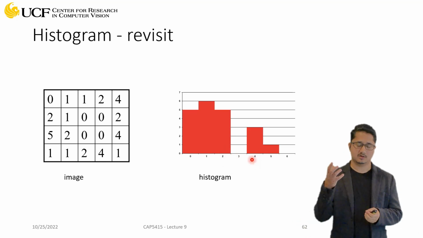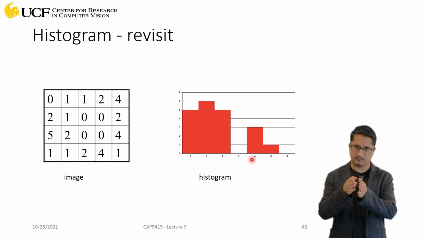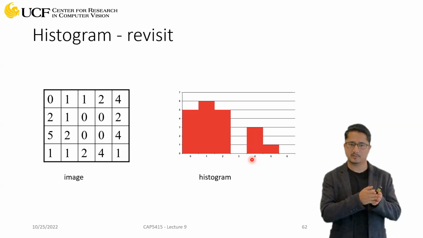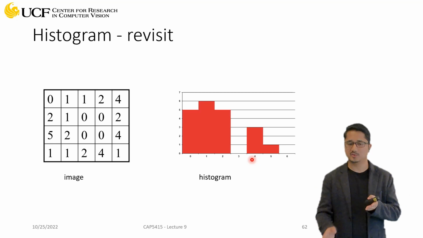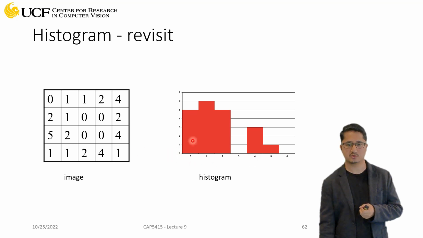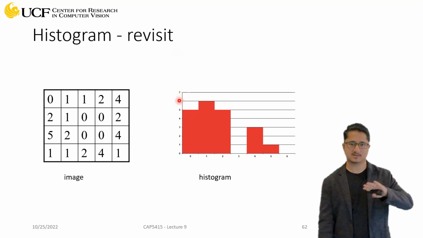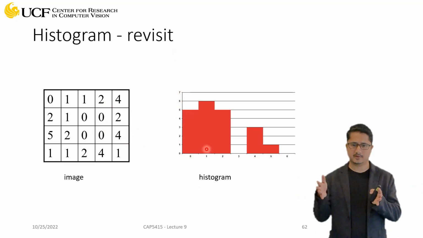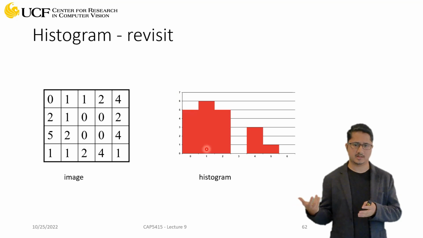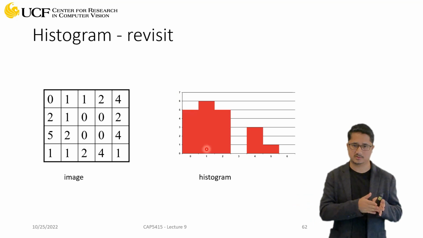Of course, this is one extreme, where you have 1 bin for each number. The other extreme, and of course that's not practical, but let's discuss that, is when you only have 1 bin and all the values go to that bin. And that will just tell you how many pixels you have. Ideally we want to be somewhere in the middle, where we don't have a lot of bins and we don't have too few bins.